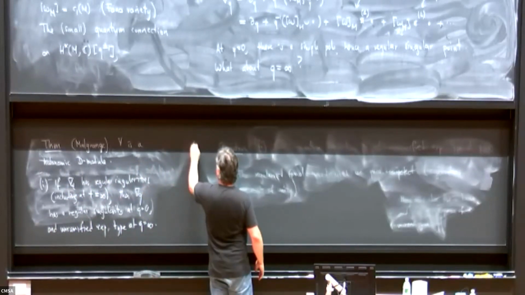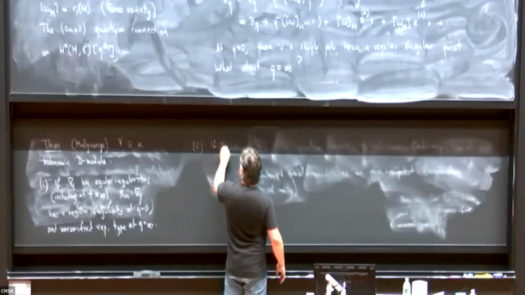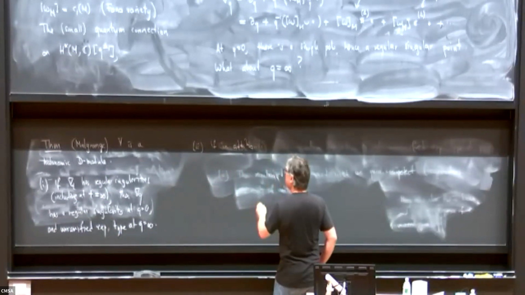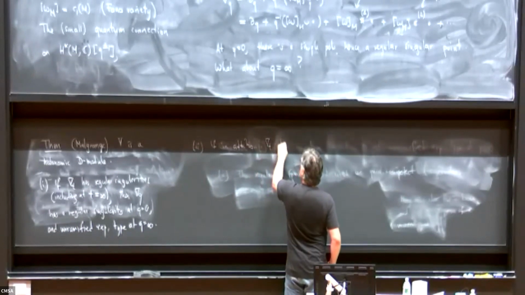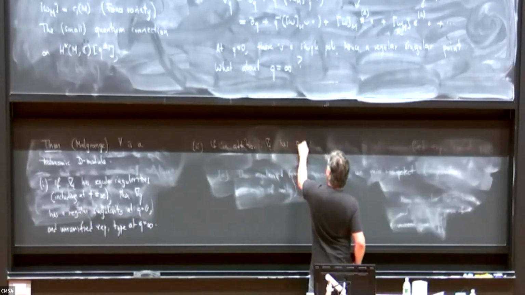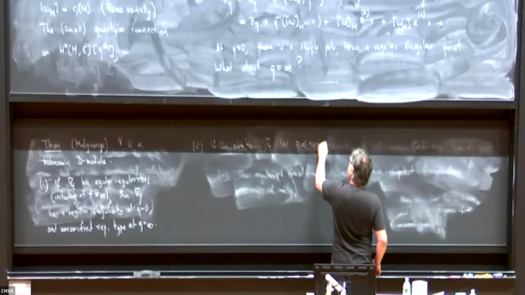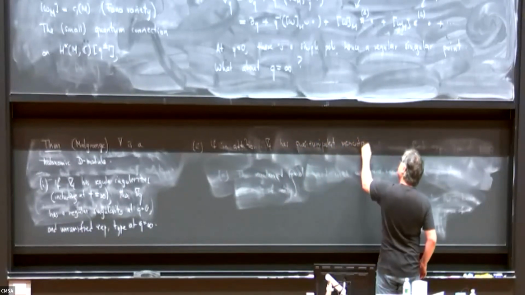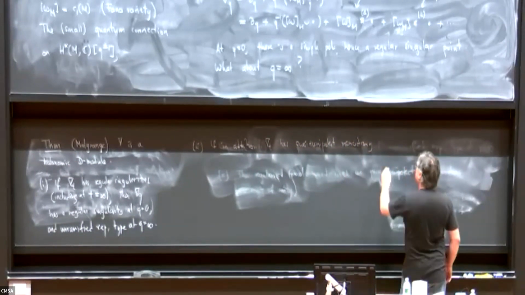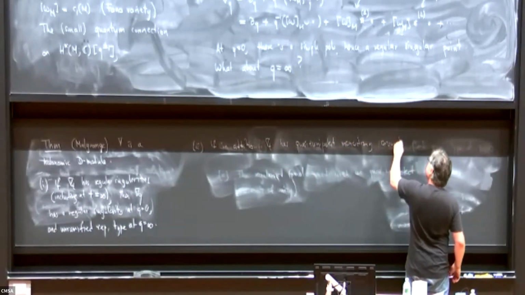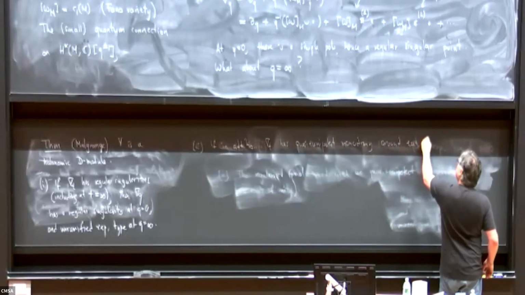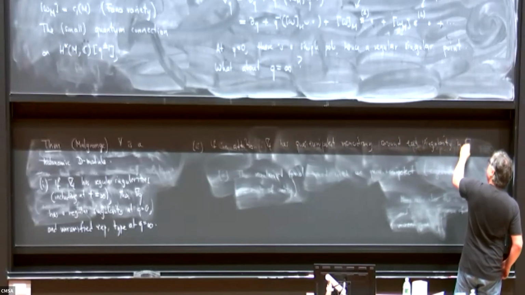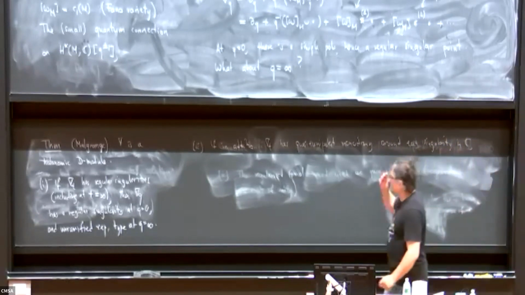Okay, and the second part of this is if in addition it has quasi-unipotent monodromy around each singularity in C. So the singularity at infinity is actually irrelevant here.